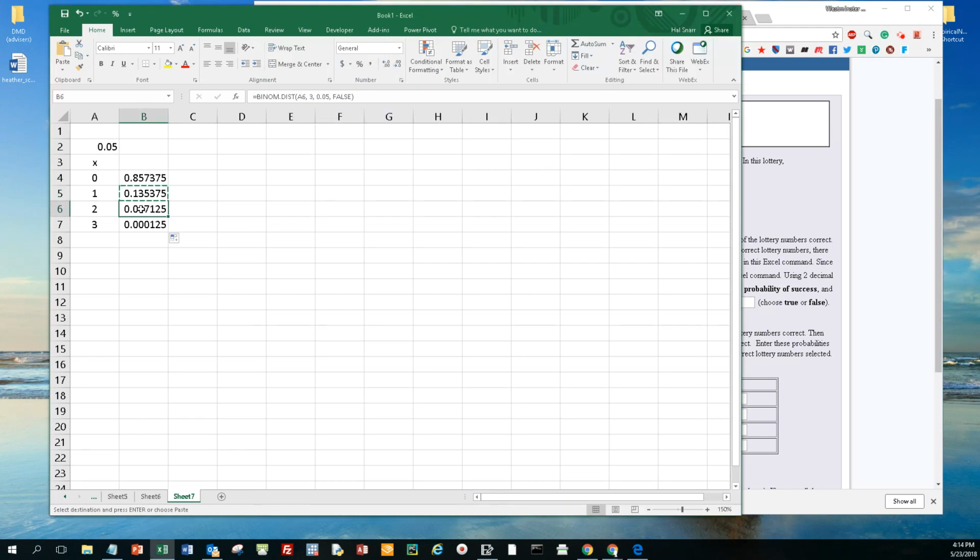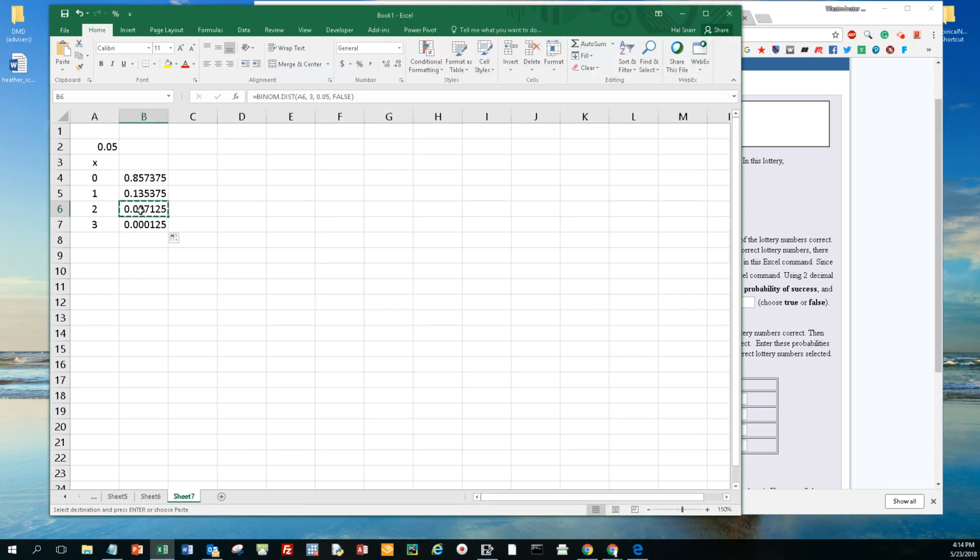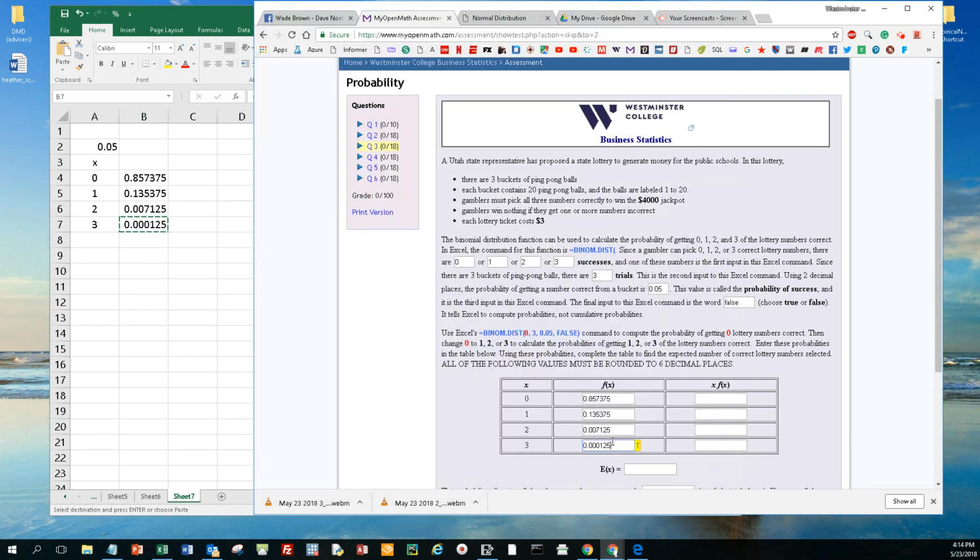And f of x, you can think of as the frequency or relative frequency of 0 ping pong balls correct, 1 ping pong ball correct, or 2 ping pong balls correct. Or you can think of it as a probability. So these right here are probabilities, and f is our probability density function.